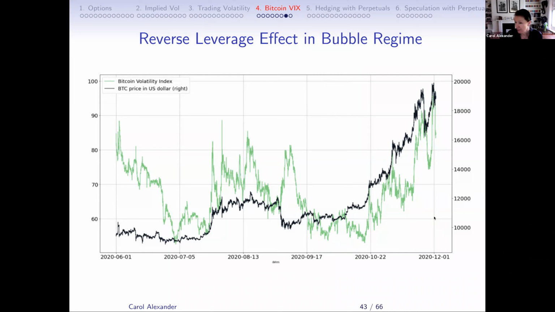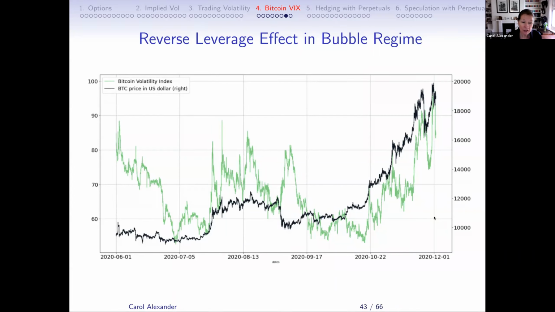The falls of 10% give you a lot of volatility. The rises of 10% don't give you a lot of volatility. But in Bitcoin, we have these two regimes. We have the normal regime where prices are low and the falls in the Bitcoin price will induce more uncertainty, more further volatility in the market.